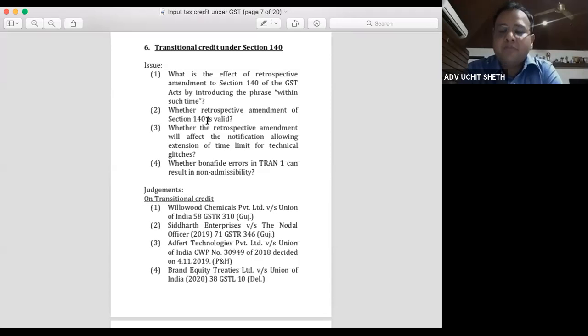Therefore, it is virtually impossible to comply with the retrospective amendment, and therefore it takes away my right of input tax credit, which I was entitled to as per the various high court judgments, and therefore this retrospective amendment is arbitrary and therefore violating Article 14 of the Constitution of India.